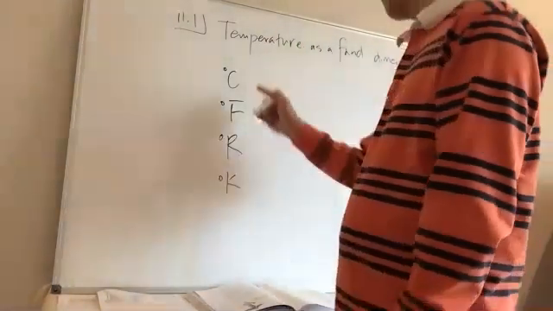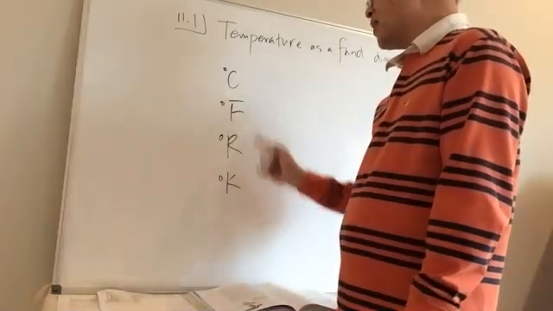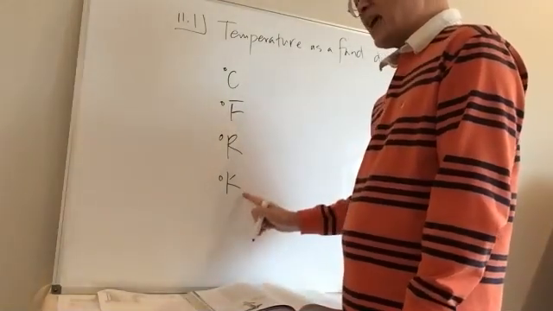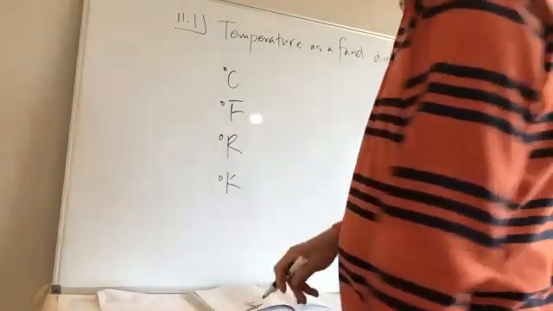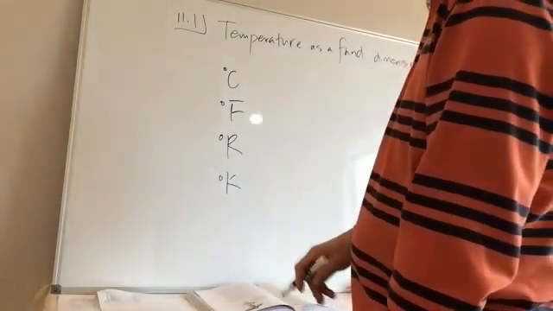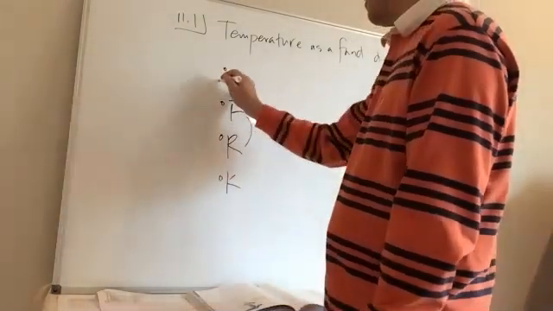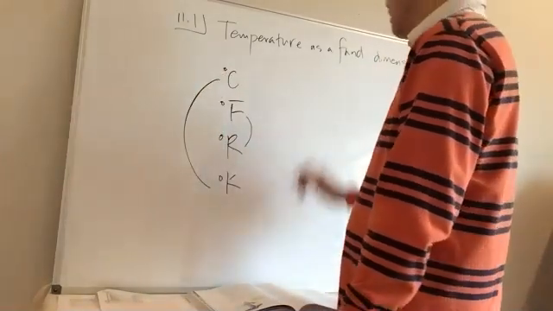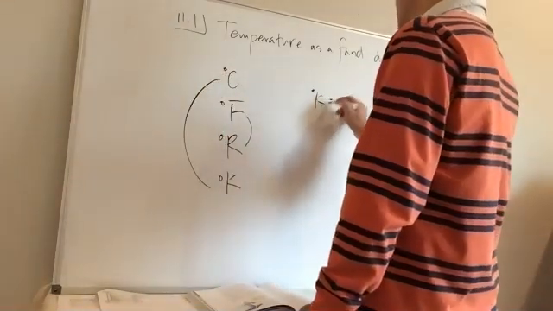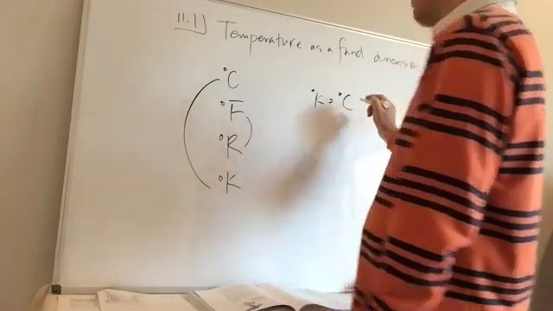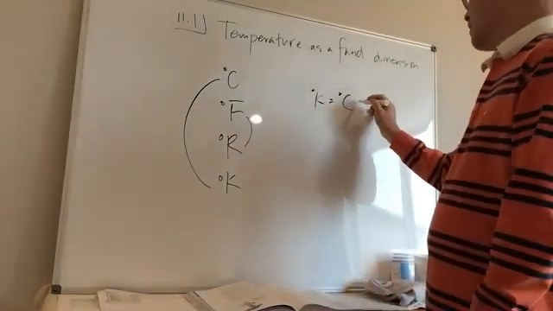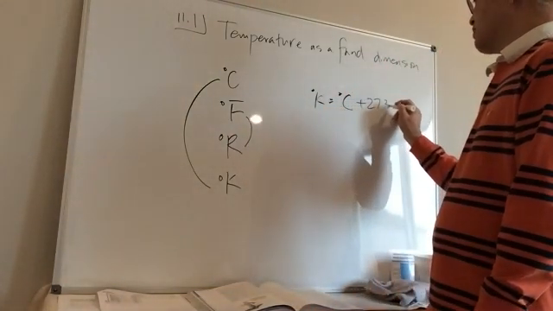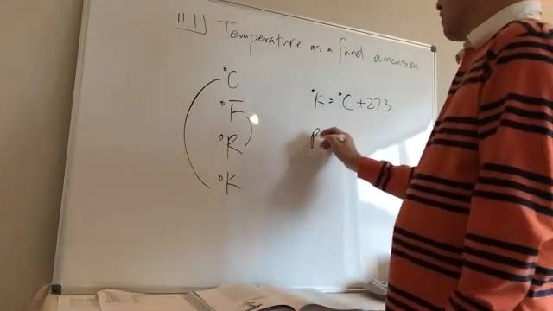You have Celsius, Fahrenheit, Rankine, and Kelvin. These 2 are tied together, and these 2 are tied together. So Kelvin is from Celsius. Now, what do you have to do to get Kelvin? You add 273.